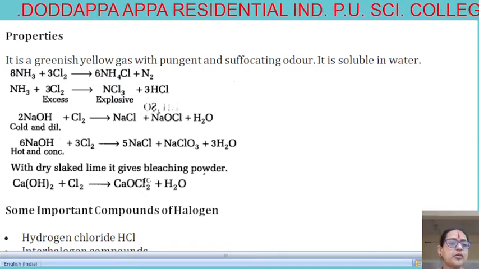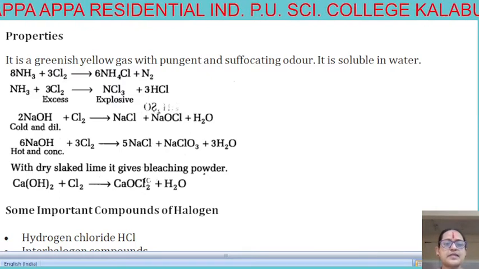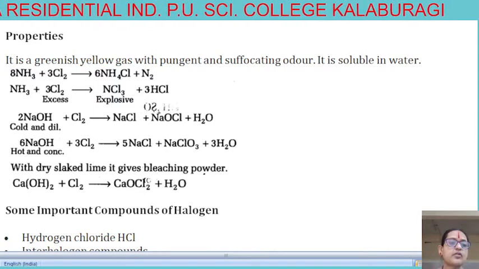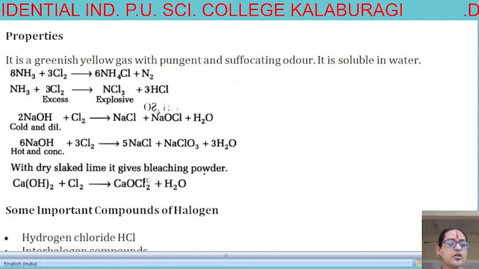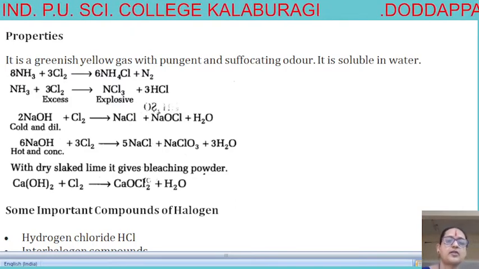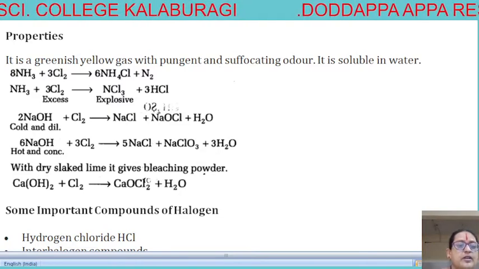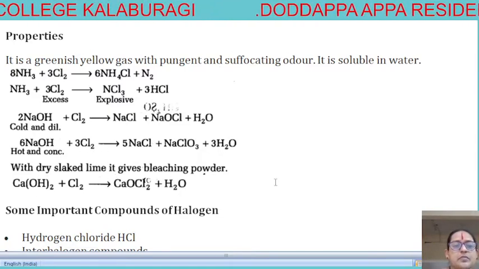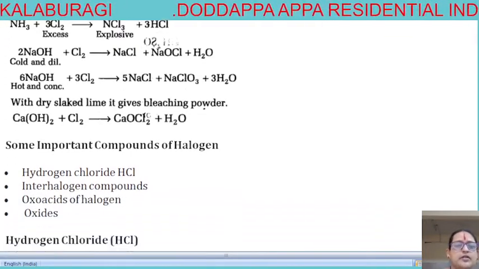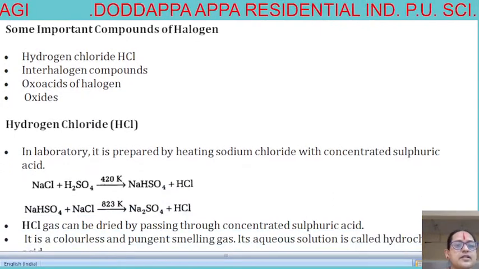With sodium hydroxide, when it is dilute and cold, it forms NaCl and sodium hypochlorite, whereas with hot and concentrated sodium hydroxide, it forms NaCl and water and sodium chlorate. With dry slaked lime, it gives bleaching powder. So these are all its preparation and chemical properties.